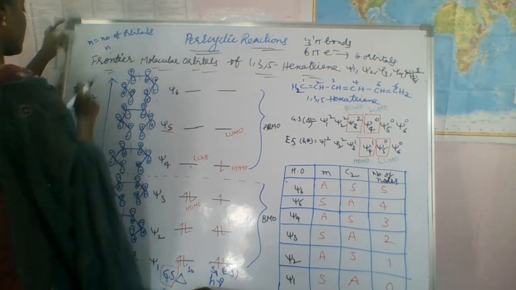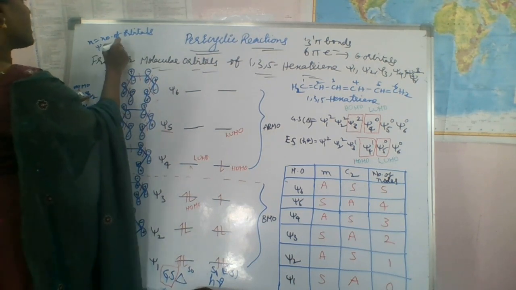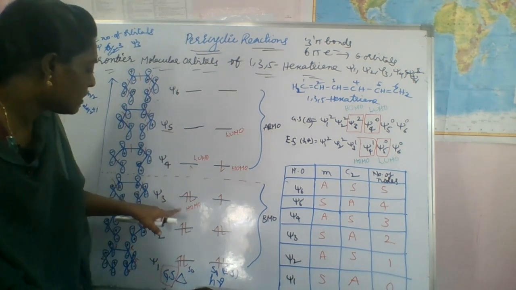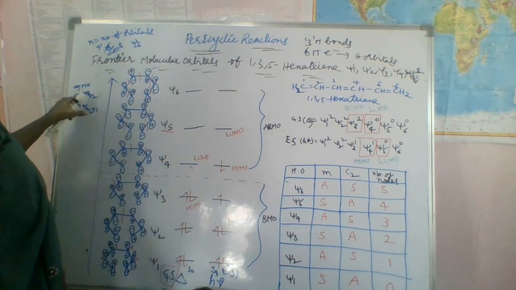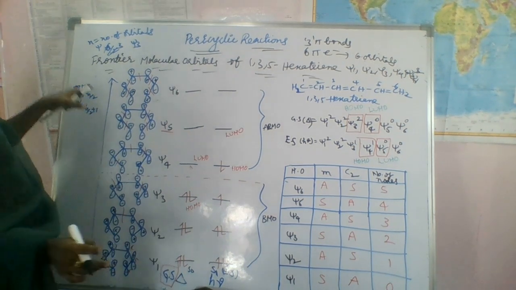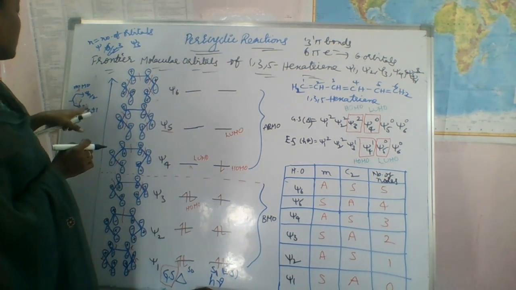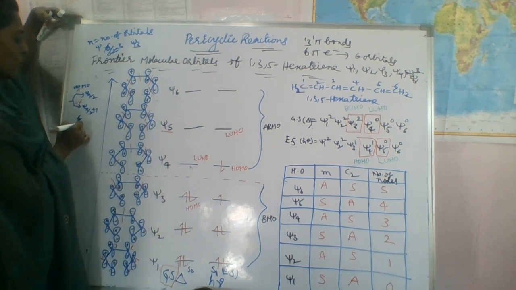So n means what? 6, right? 6 by 2 means 3. Psi 3 is the HOMO in the thermal condition, right? Psi n by 2 is the HOMO for thermal. For h nu, psi n by 2 plus 1, meaning 6 by 2 plus 1.